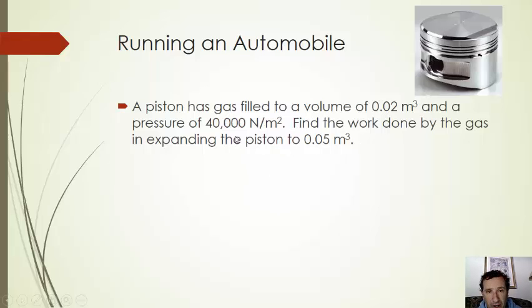Notice that the pressure has units newtons per meter squared. So if I multiply by meter squared, I get newtons. So what we can say now is that the force is equal to the pressure times the area.